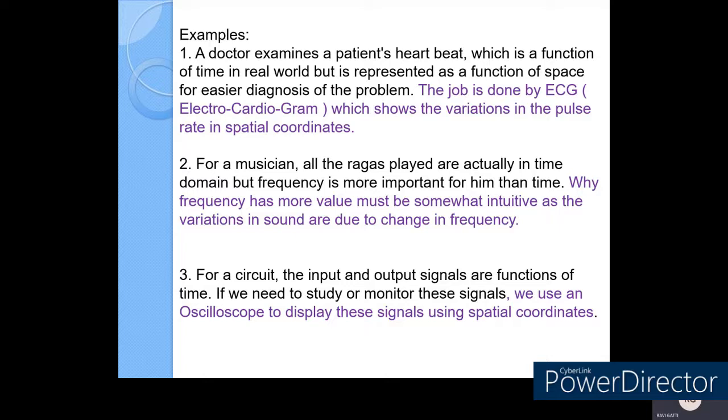Let's say I want to apply a 230 volt AC signal, then through the function generators I can apply this 230 volts, and I can make sure whether the input is appearing for my circuit or not. These are some of the examples where we can make use of transformation for practical implementation.